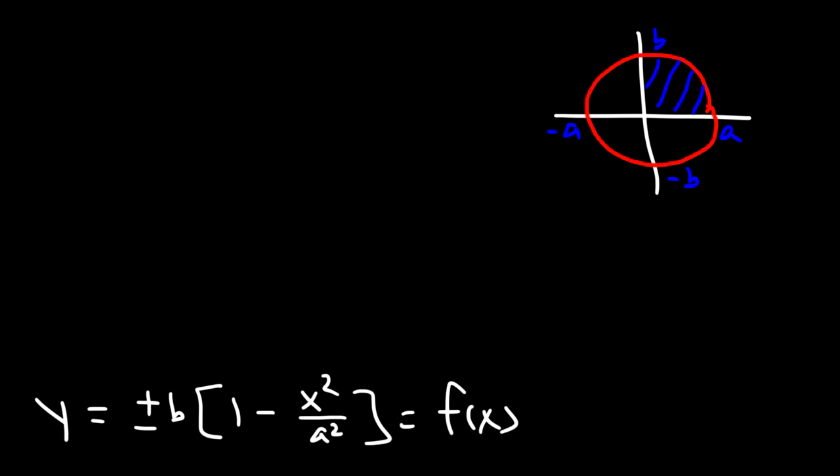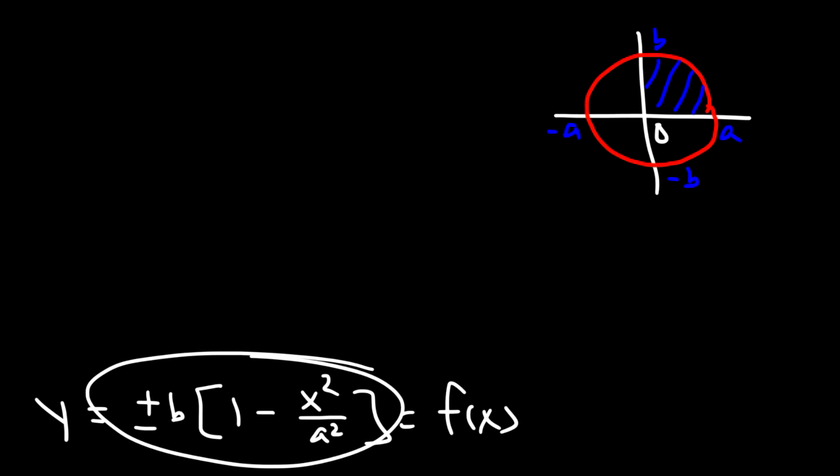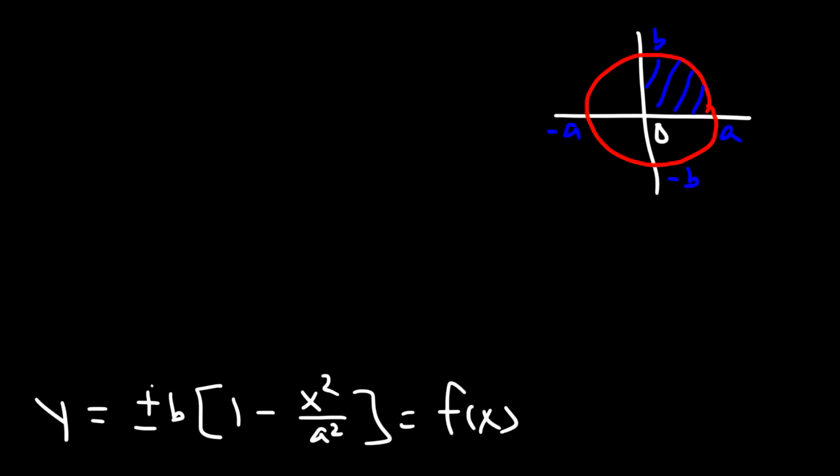So what I need to do is integrate from 0 to a to get the area of this region. Now, this represents the equation for the entire ellipse. If it's just positive, I'm going to get the upper half of the ellipse. The negative part will give me the lower half of the ellipse.